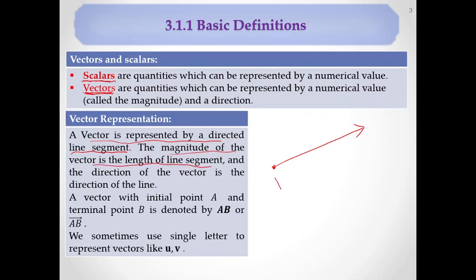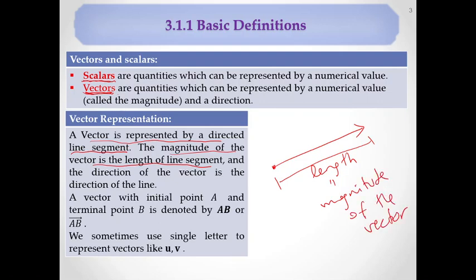The length here is called the magnitude of the vector, and the direction of the vector is the direction of the line. So you see this is the direction, this way.